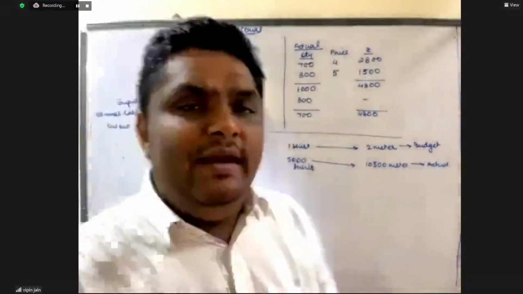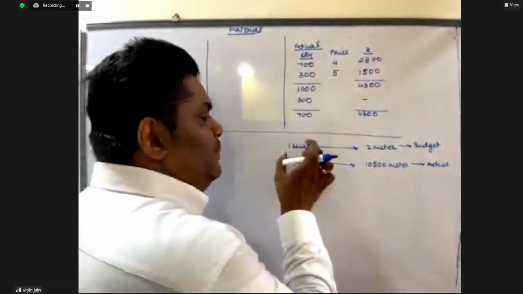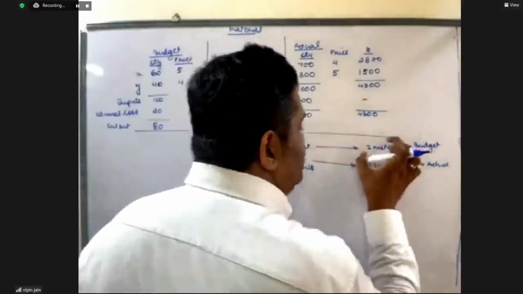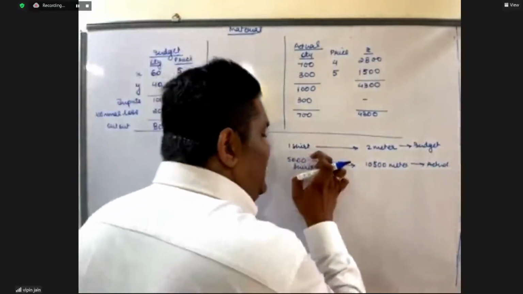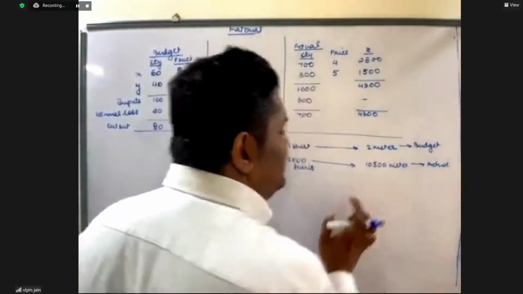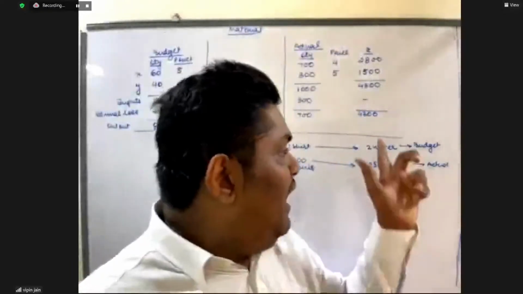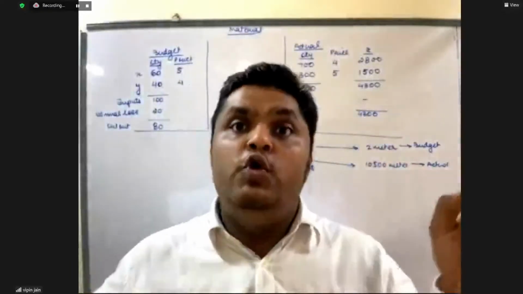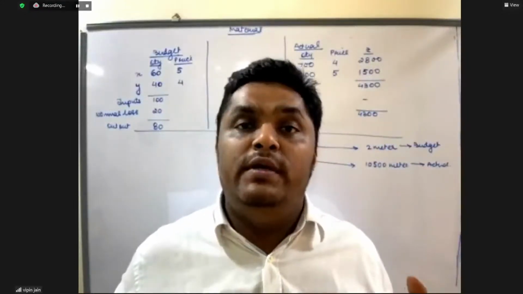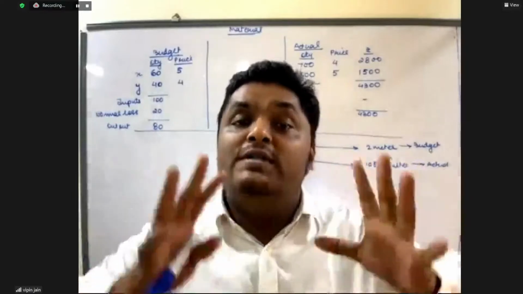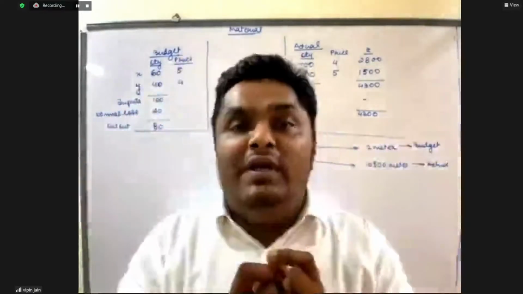Now, I repeat again, as per the target set by the management, we were supposed to manufacture one shirt using 2 meters. However, when the actual data were out, we manufactured 5,000 shirts using 10,500 meters. Now, are these two figures comparable? हमें 2 meter use करना चाहिए था, we actually consumed 10,500 meters. No, these two figures are not comparable because from 2 meters we get only 1 unit as output.